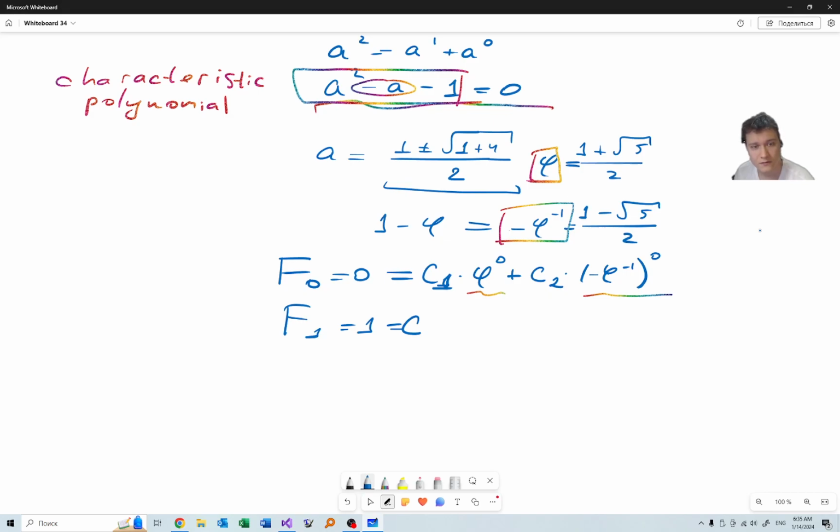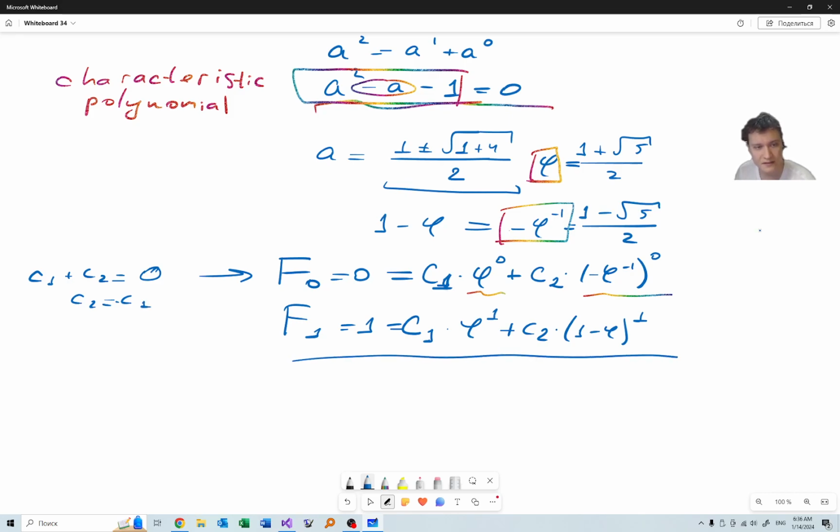Okay, so c first times phi to the first power plus c2 times 1 minus phi to the first power. Now you can clearly see that this means that c1 plus c2 is 0. So let's say that c2 is minus c1.